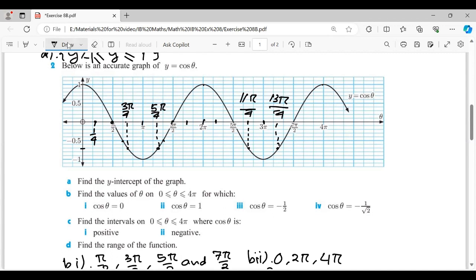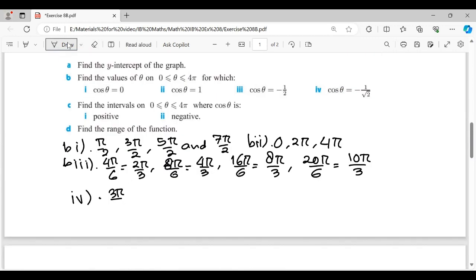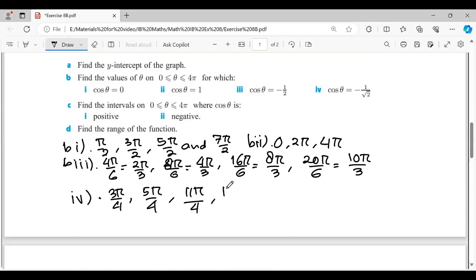The solutions are 3 pi, 5 pi, 11 pi, and 13 pi.